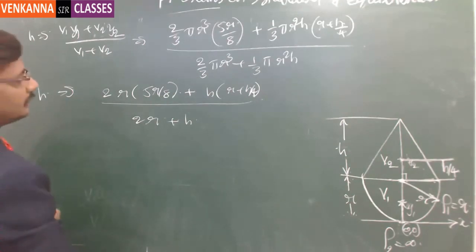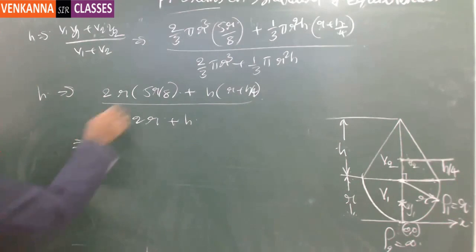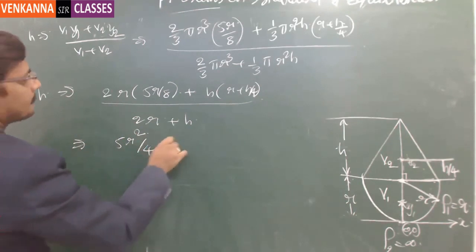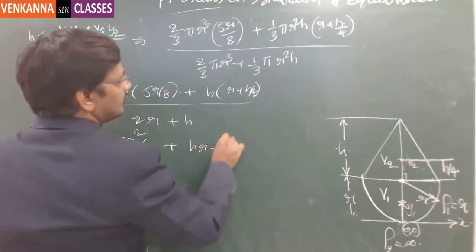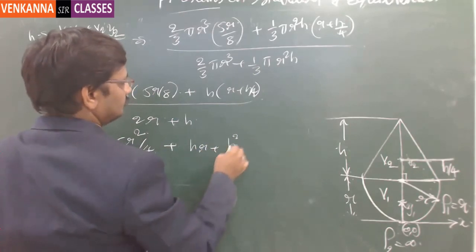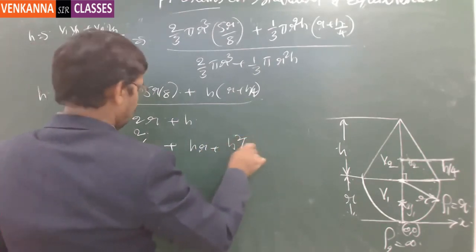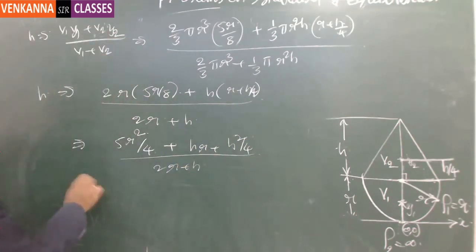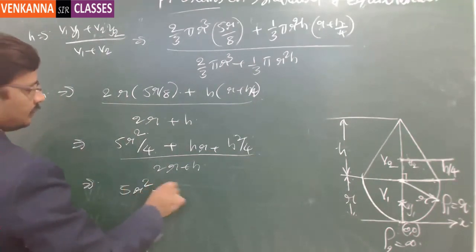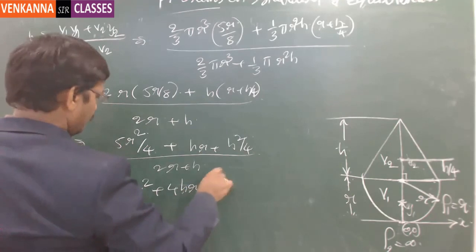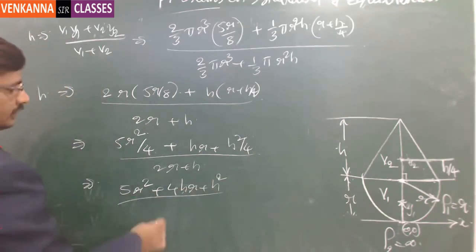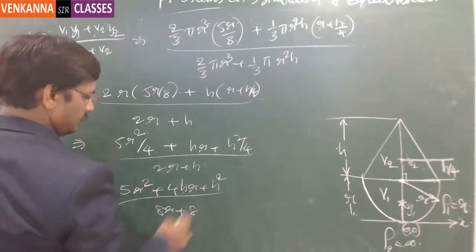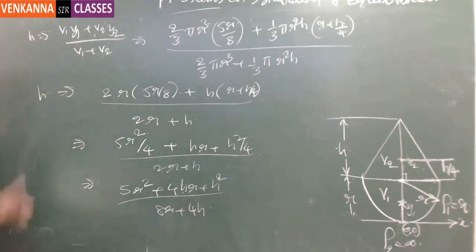If you further simplify it, five r square by 4 plus hr plus h square by 4, whole divided by 2r plus h. That is 5r square plus 4hr plus h square divided by 8r plus 4h. So this is the h value.